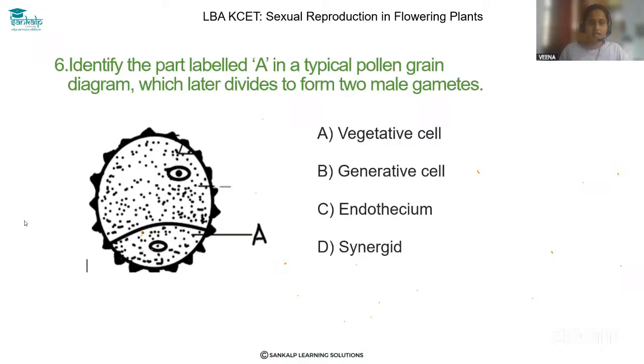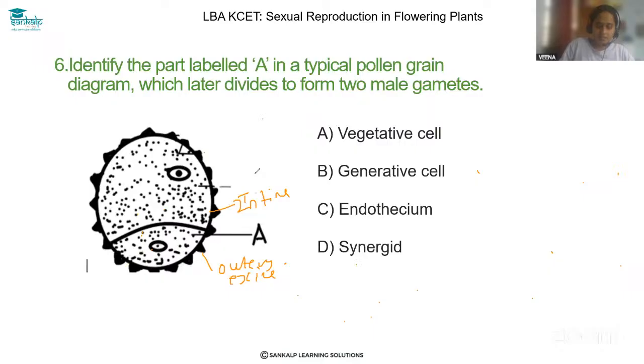Let me explain the other parts also here. See, this is the structure of the pollen grain, right? So here there are two parts mainly. This is the outer layer, exine, and then intine.